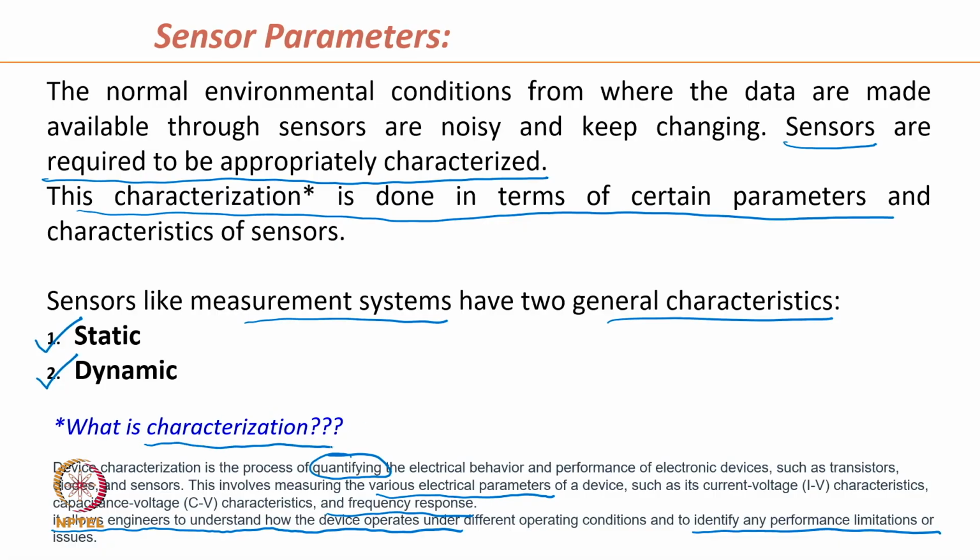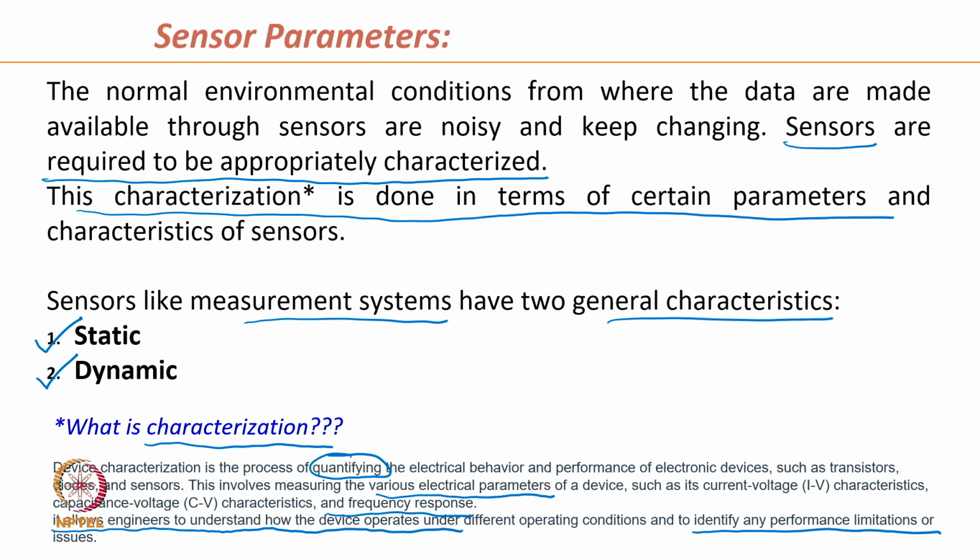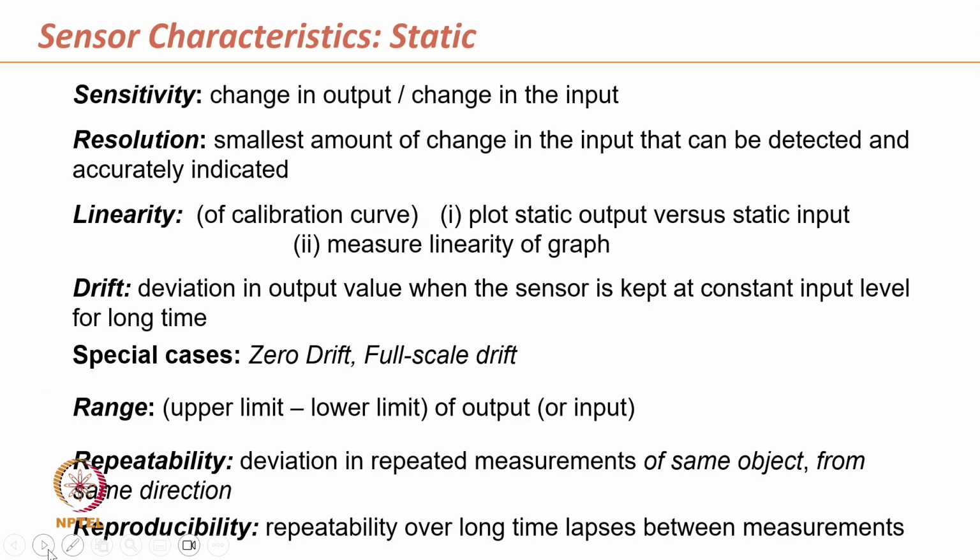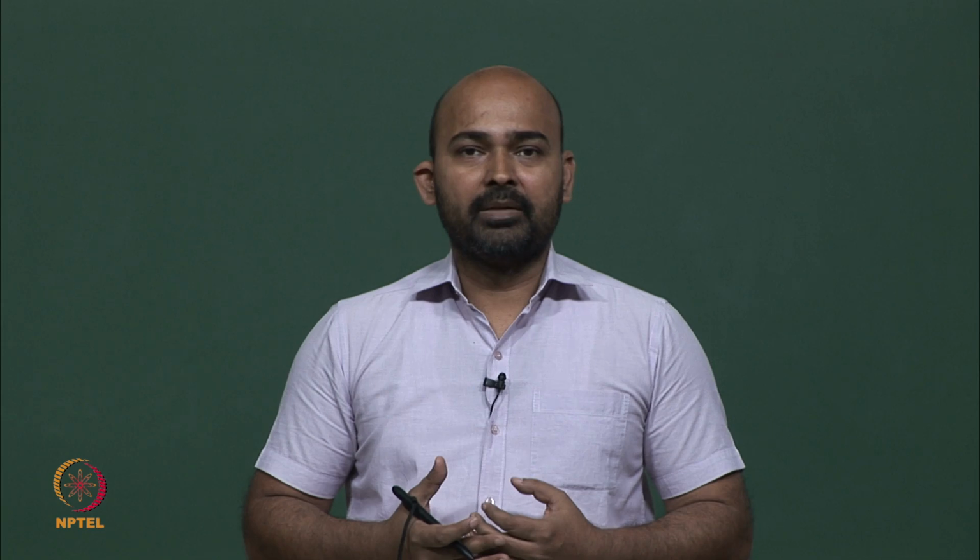So, we characterize the sensors or transducers in terms of certain parameters, and these parameters or characteristics are of two types. One is static and one is dynamic. As the name says, static characteristics are the characteristics of a sensor which do not change with time.